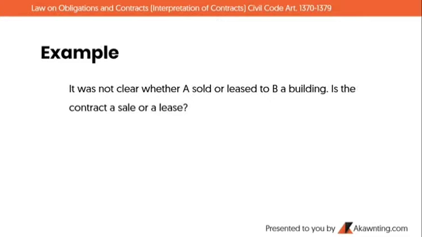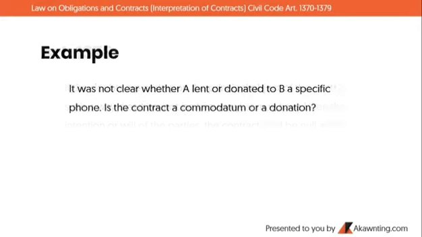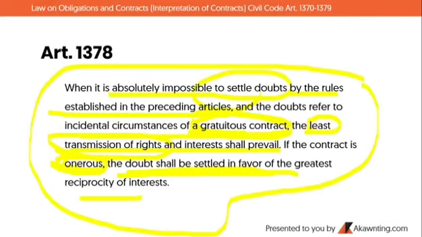So ito yung next example natin. It was not clear whether A sold or leased to B a building. Is the contract a sale or a lease? So this time it is an onerous contract between a contract of sale and a contract of lease. Kapag binalikan natin yung Article 1378 paragraph 1, so sabi dito, the doubt shall be in favor of the greatest reciprocity of interest.